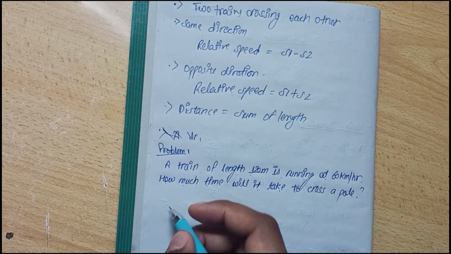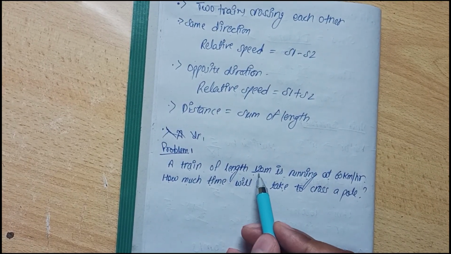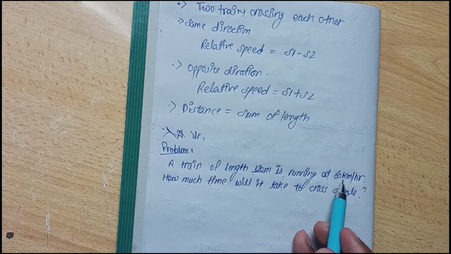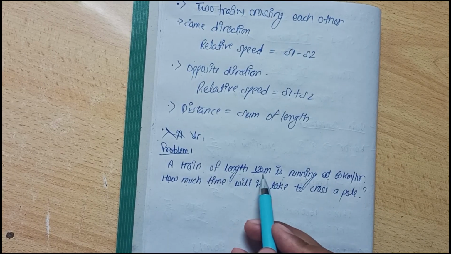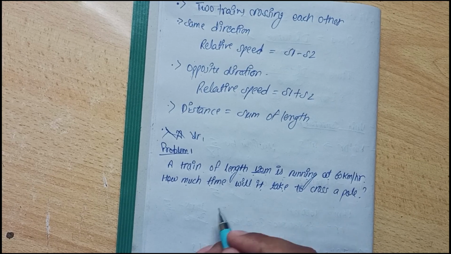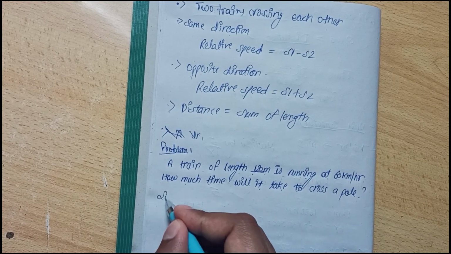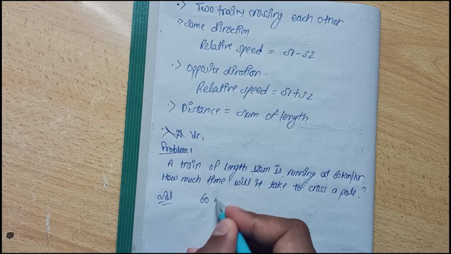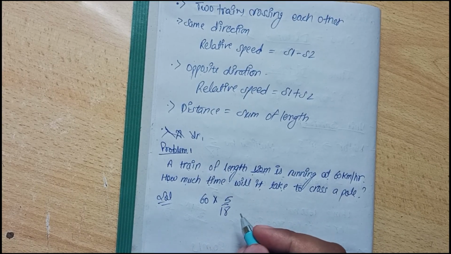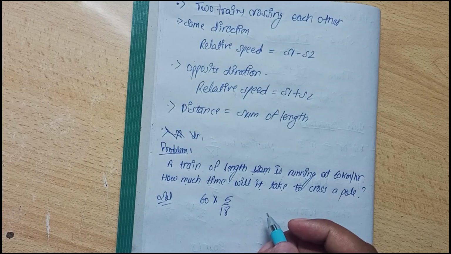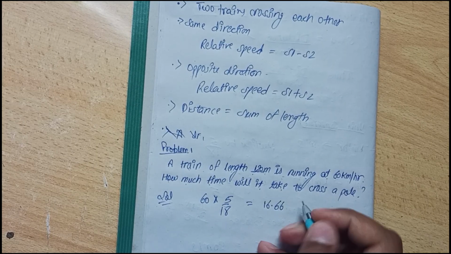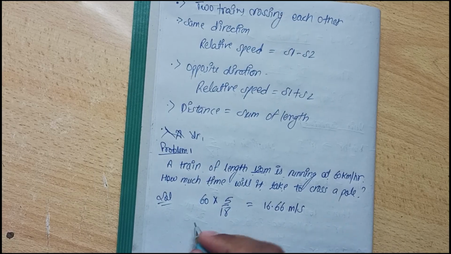So it's very simple. First of all we need to convert the units. Here the speed is in kilometer per hour, but the distance is given in meter. So we need to convert kilometer per hour into meter per second. For that we have to multiply by 5 by 18, which is approximately equal to 16.66 meter per second.